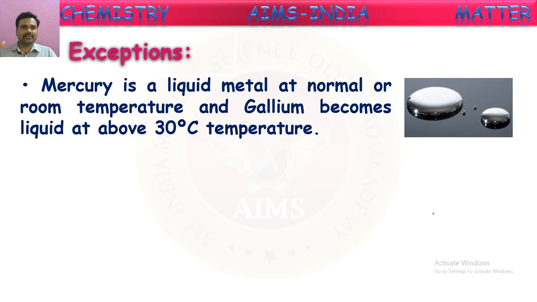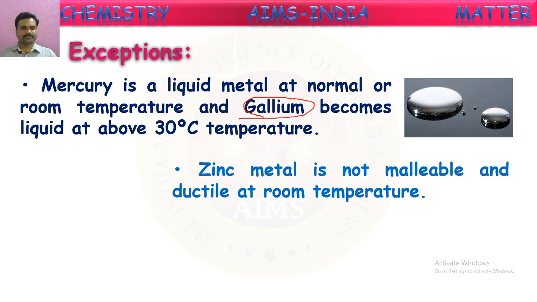Almost all the remaining metals are in the solid state only. Of course, if you increase the temperature to above 30 degrees Celsius, then one more metal will come into the liquid state. That is gallium. Gallium is also a metal which converts into liquid at very low temperatures, just above 30 degrees Celsius. So these two are exceptions, right?